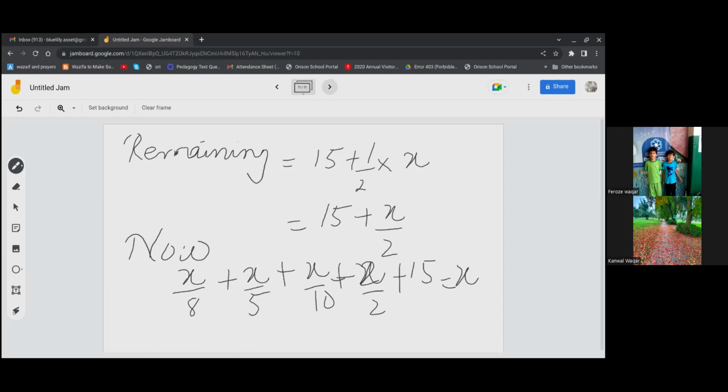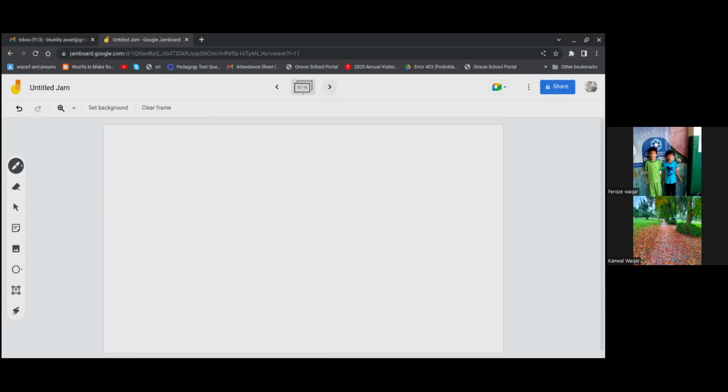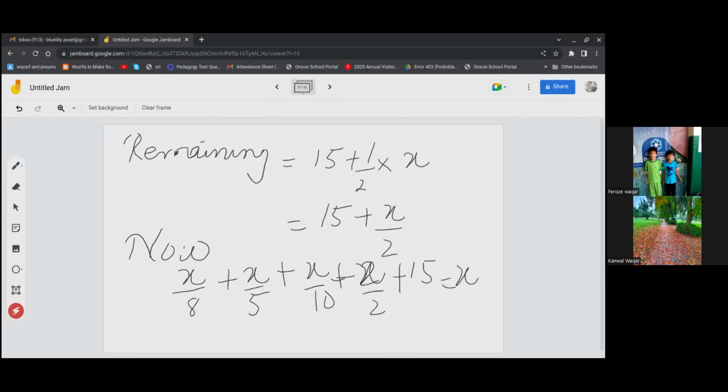Now, how will we solve these fractions? We look at the denominators: one denominator is 8, the other is 5, the third is 10, and the last is 2.